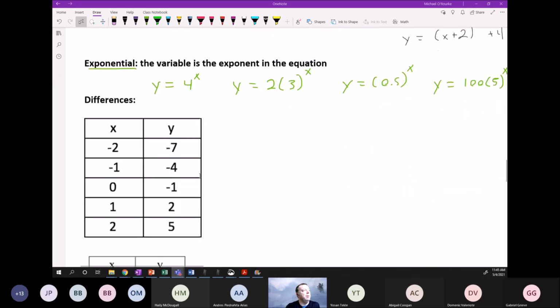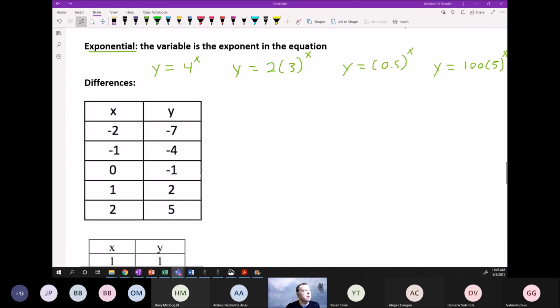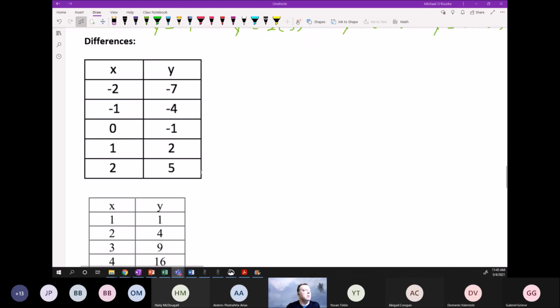Okay, the last part we're going to do is first and second differences. The way you've done differences before, we did in grade 9 for sure. Generally you take the bottom number and minus off the top number.